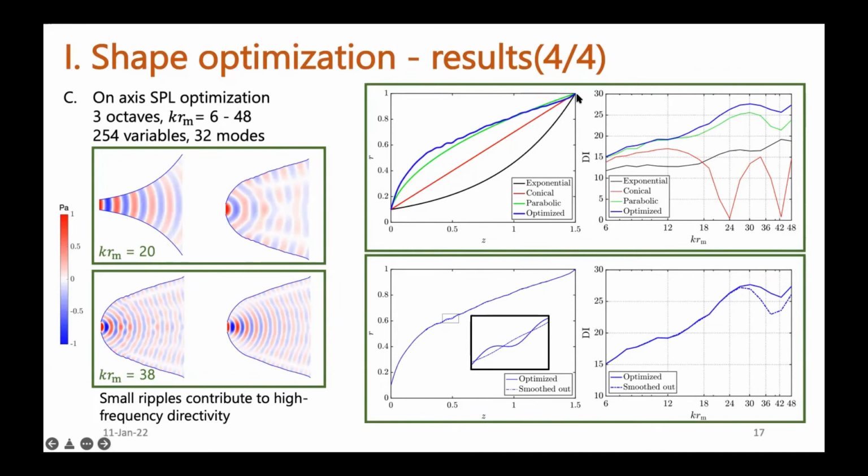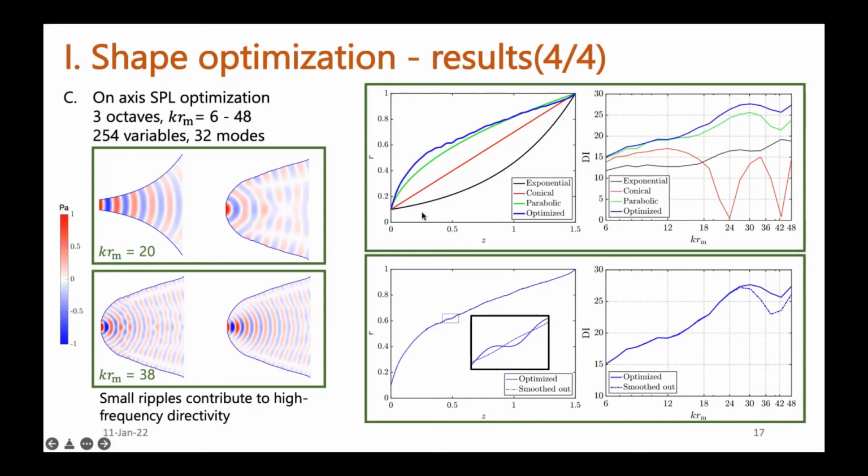And I compared the results with other classical, typical horn shapes: conical, parabolic, and exponential. And we can see the on-axis DI. The optimized horn has the largest DI throughout the target frequency band.